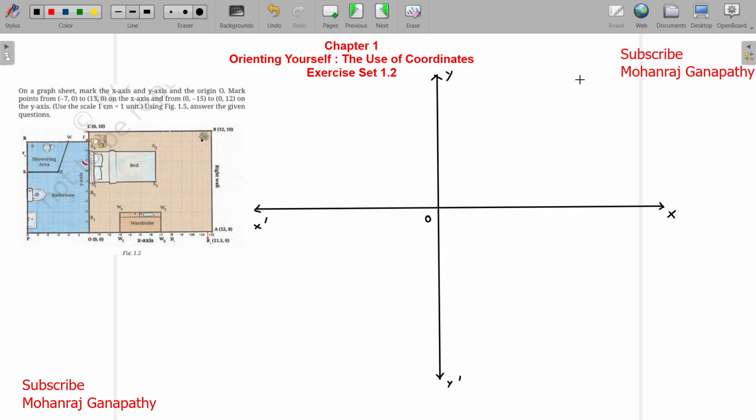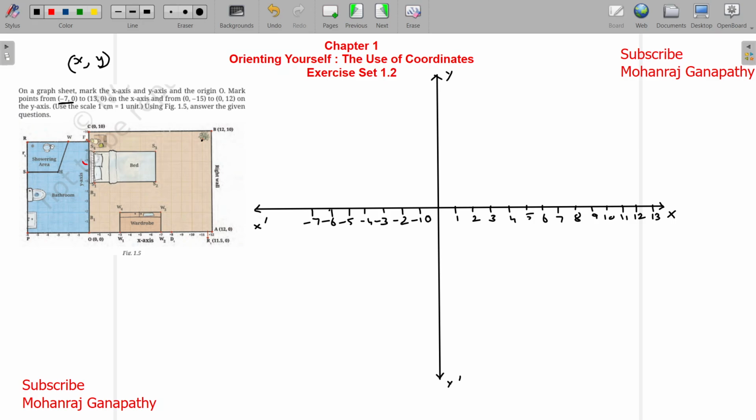And they have mentioned we always plot the coordinates as x comma y. So we need minus 7 comma 0. 1, 2, 3, 4, 5, 6, 7, 8, 9, 10, 11, 12, 13, and minus 1, minus 2, minus 3, minus 4, minus 5, minus 6, minus 7, and it goes on.